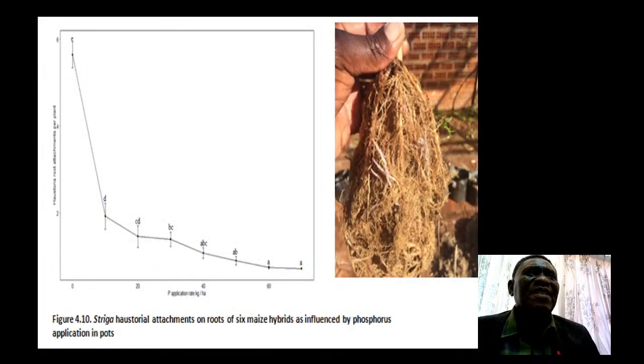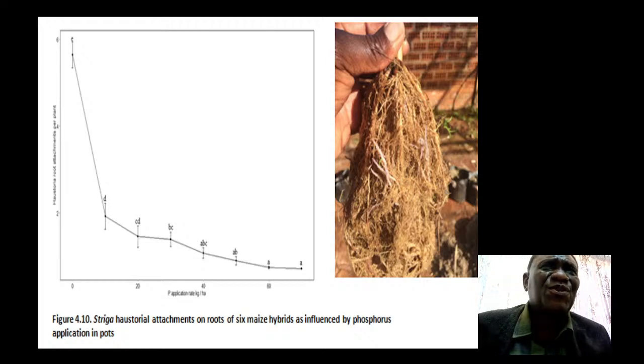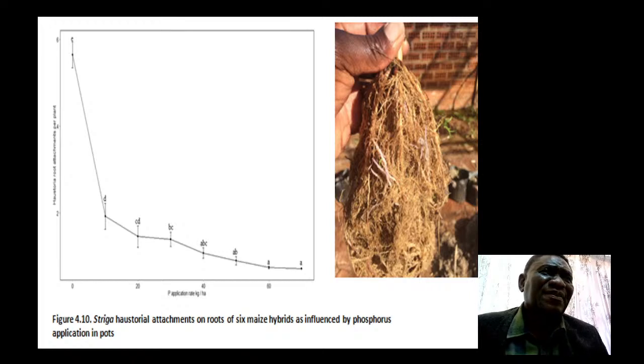Here we had an MSc student who tried to use phosphorus to reduce Striga attachment. On this graph, you can see if you increase phosphorus, you reduce attachment.